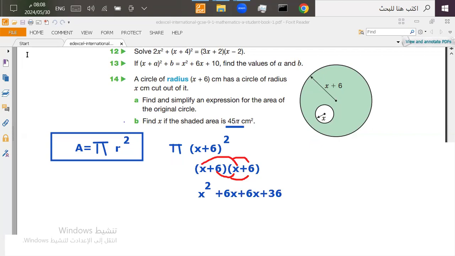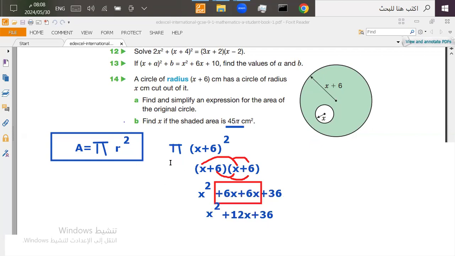Now I take a look at the expression that I have. I notice that I have like terms, 6x plus 6x. I'm going to add them together. They're going to be positive 12x. This one doesn't have any like terms, so I put it as it is. So positive 36. Same idea here. This one is going to be x squared or x power of 2 like this.